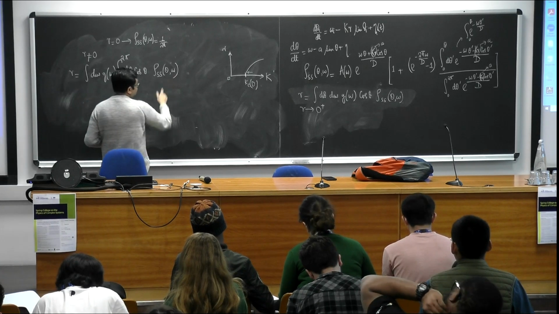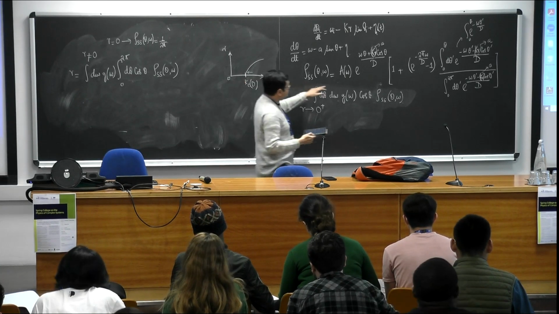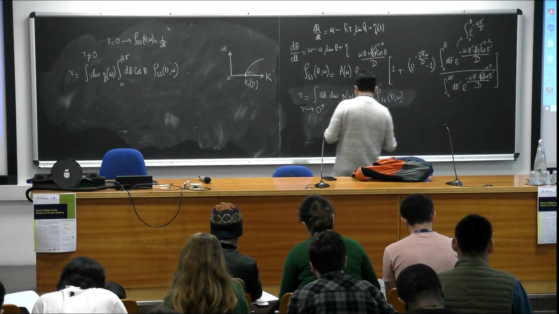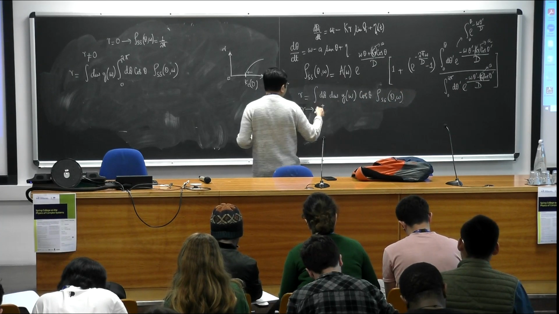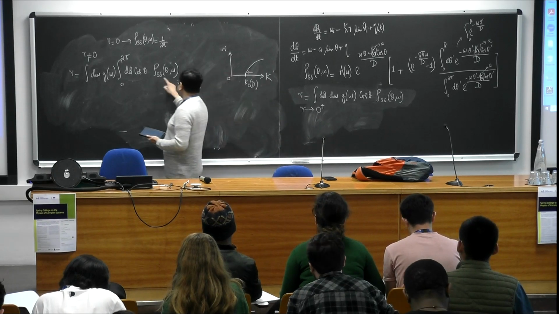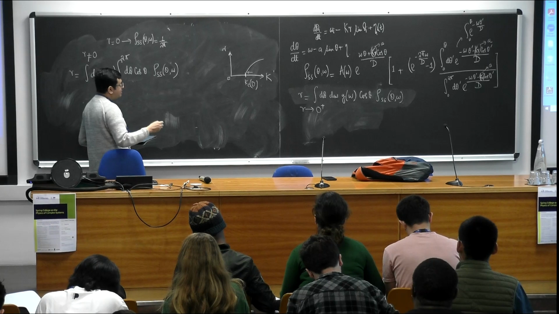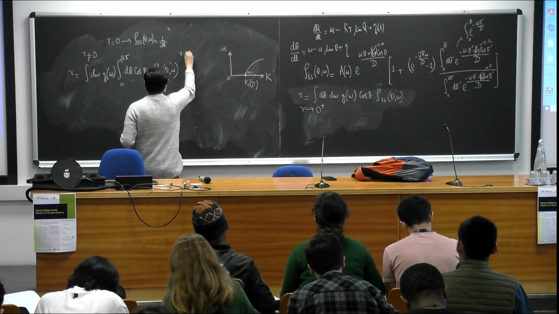You see rho stationary theta omega depends explicitly on r. r is sitting everywhere, upstairs, downstairs, everywhere. So when I do r going to 0, I can do a Taylor expansion of this because I'm looking at the limit r going to 0 plus.